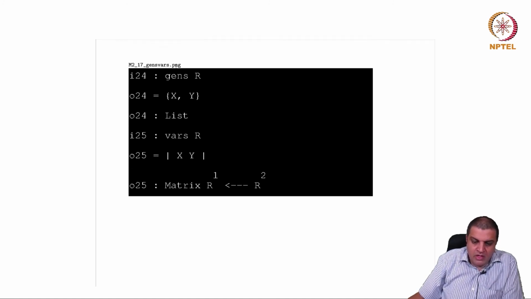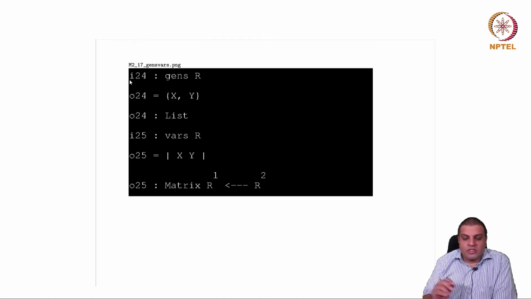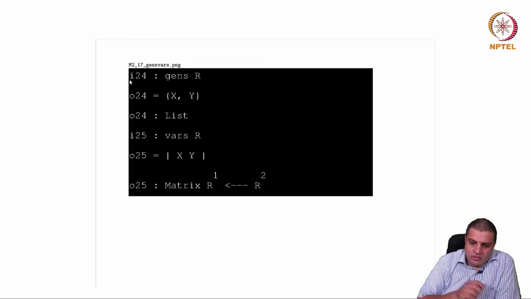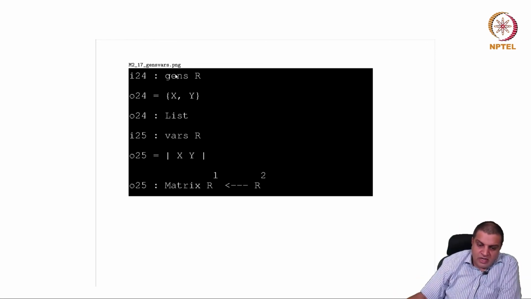So how do we know what the variables in a polynomial ring are? I ask gens, for generators, gens R. It gives x and y with curly brackets, and it says it is a list. Lists are lists of elements bounded by curly brackets.